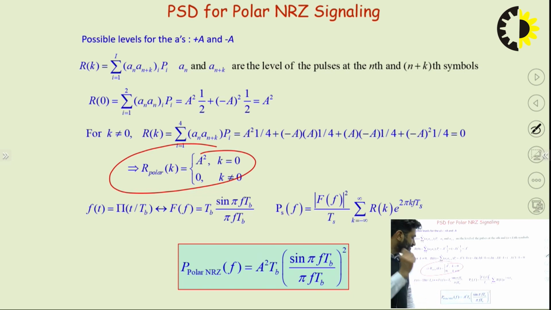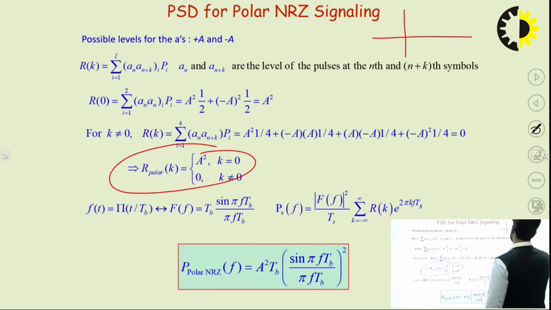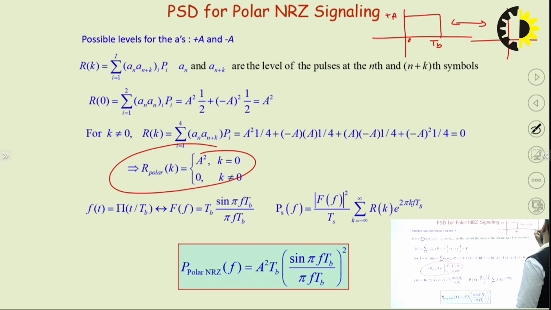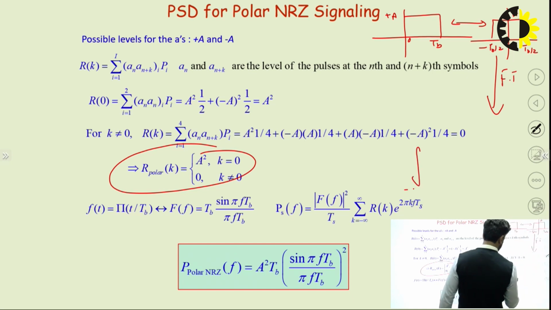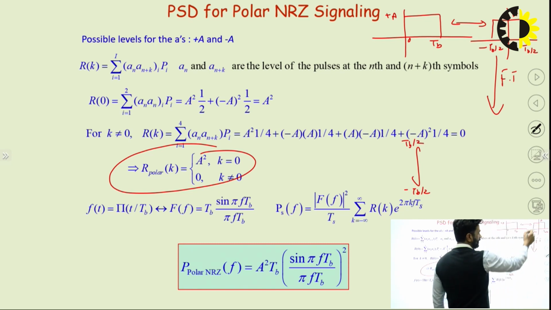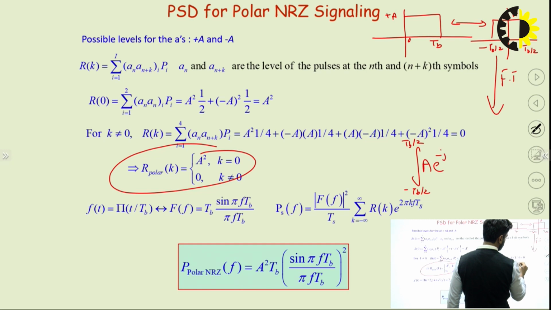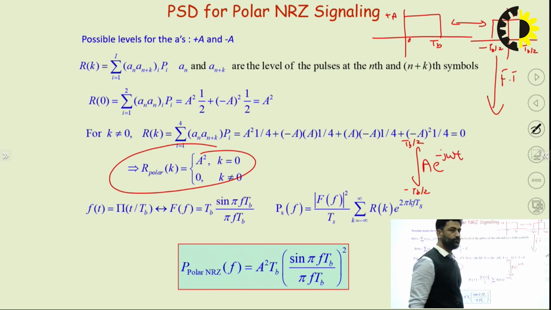Now, another part is we have to find the Fourier transform of the pulse. The pulse we have taken is plus A volt from 0 to Tb. We can also draw this pulse in a shifted version, from minus Tb by 2 to Tb by 2, with amplitude A. To take the Fourier transform of this pulse, you can apply the direct formula from minus Tb by 2 to Tb by 2 limit, with amplitude A and e to the power minus j omega t dt, where omega is 2 pi f.